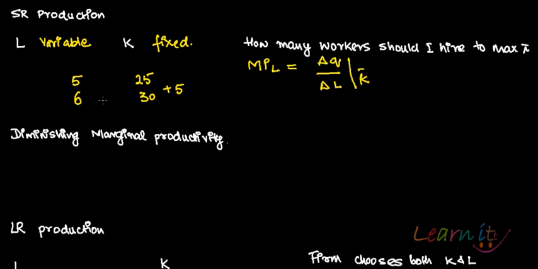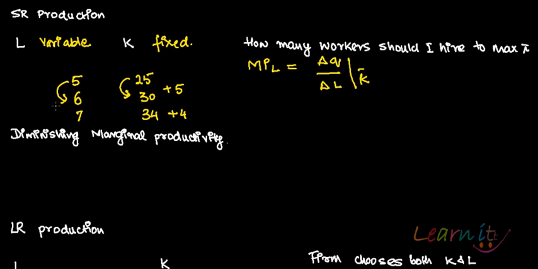Say you go to 7, then the increase in output is just 4 with an additional worker. So when employment of labor changed from 5 to 6, output increased by 5 units, as you could see.